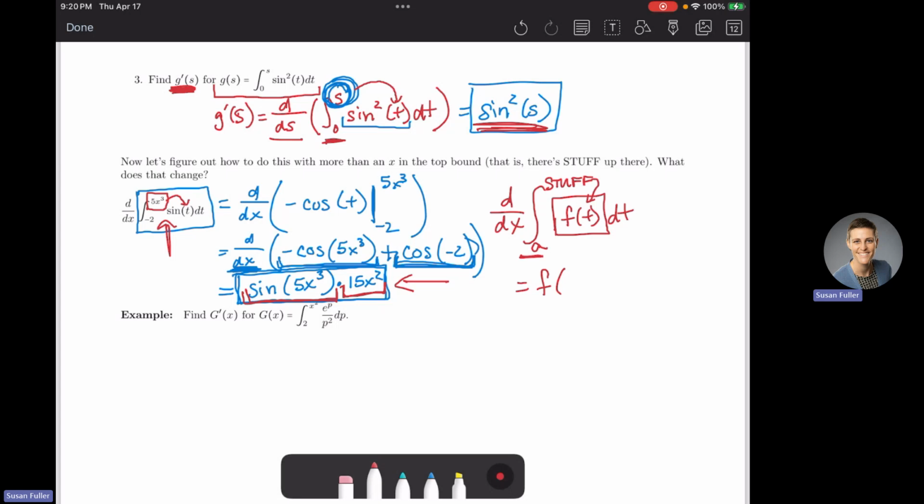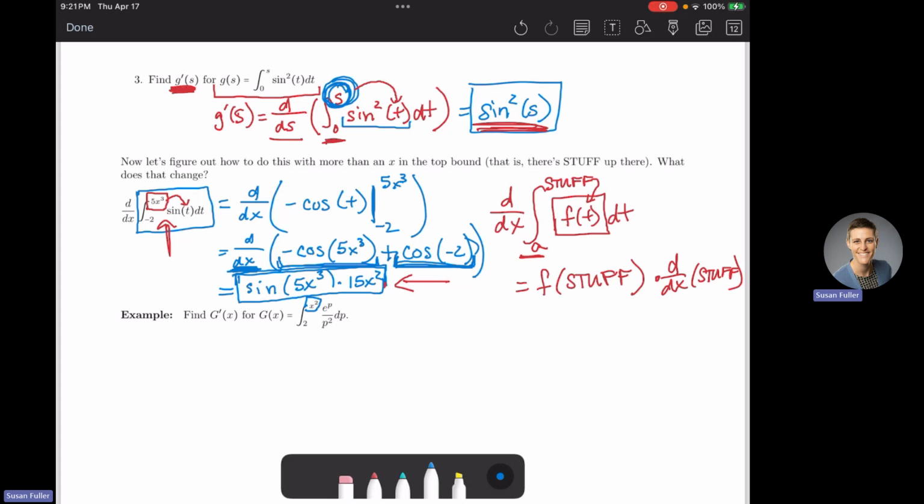We're going to get f of our stuff, and then we just have to multiply by the derivative of my stuff because chain rule. That's what's happening here. Okay, and I'm just going to make this a little smaller so that I can still read the next problem. So this is how we're going to deal if we have stuff up here.